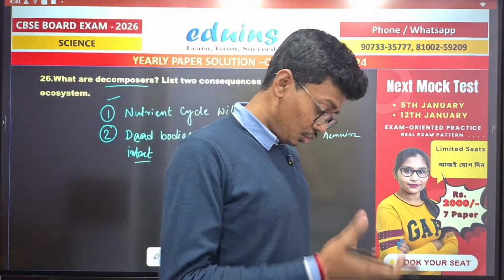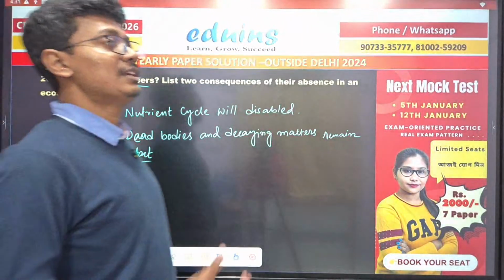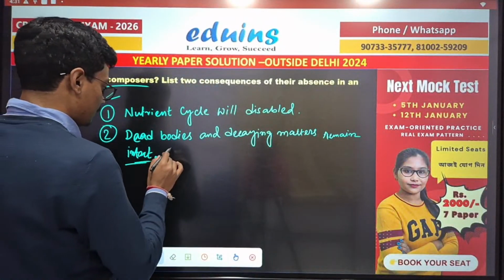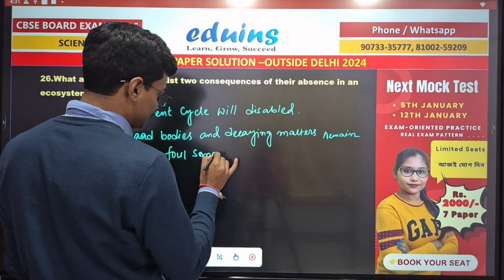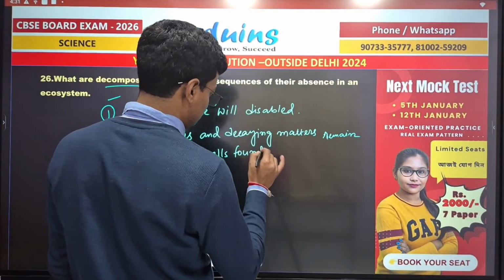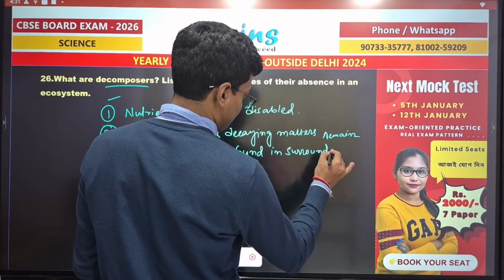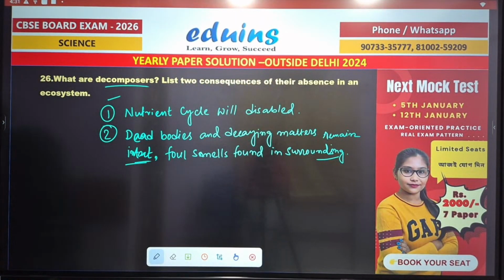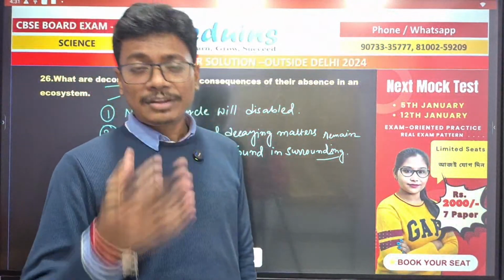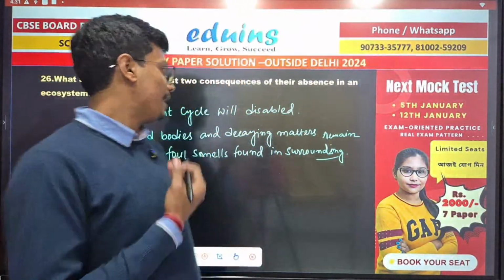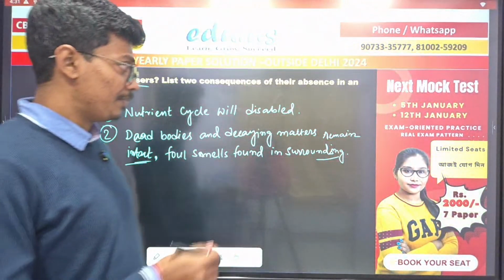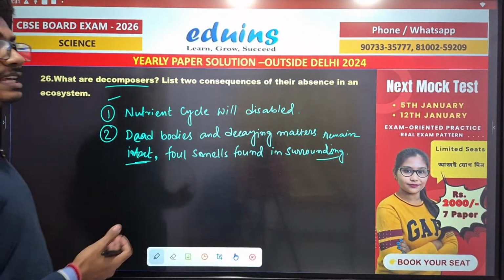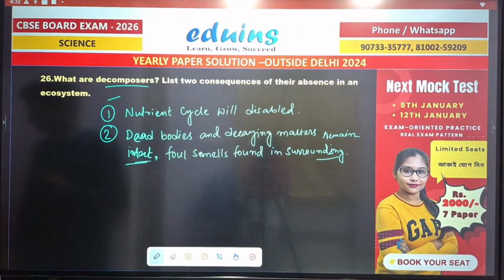So अगर माइक्रो ऑर्गेनिजम्स जो डिकम्पोज कर सकते हैं अगर वो नहीं रहे तो जो डेड बॉडीज है जो डिकेइंग मैटर्स है वो डिकम्पोज नहीं होगा, ठीक है, वो इंटैक्ट फॉर्म में रह जाएगा। और उसके साथ साथ foul smells found in surroundings. Okay, so these will be the disadvantages that occur if the microorganisms, that is decomposers, are not present in any ecosystem. The nutrient cycle will be disabled, and the dead bodies and decaying matter remain intact and create a foul smell.